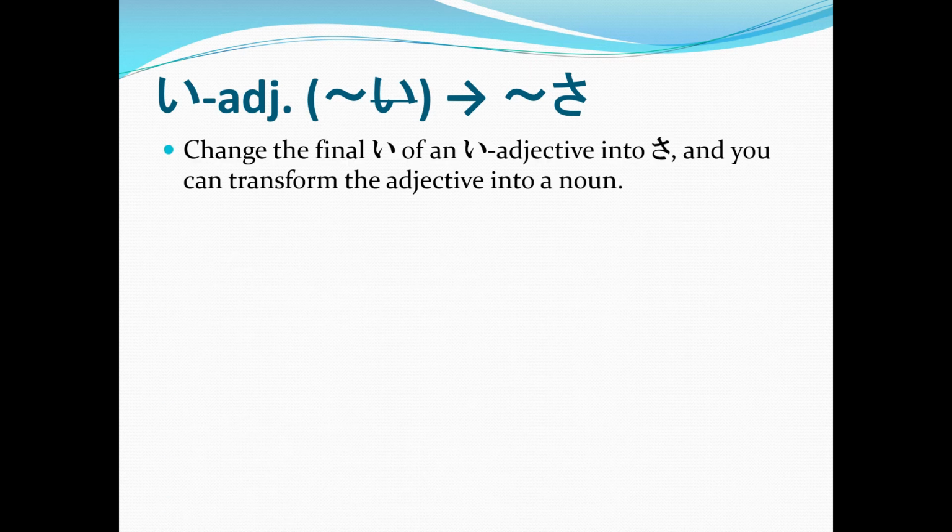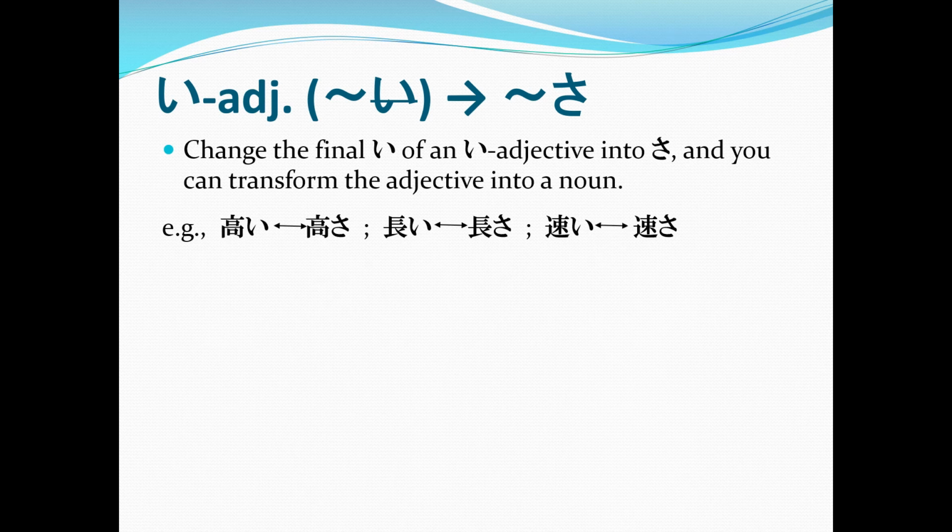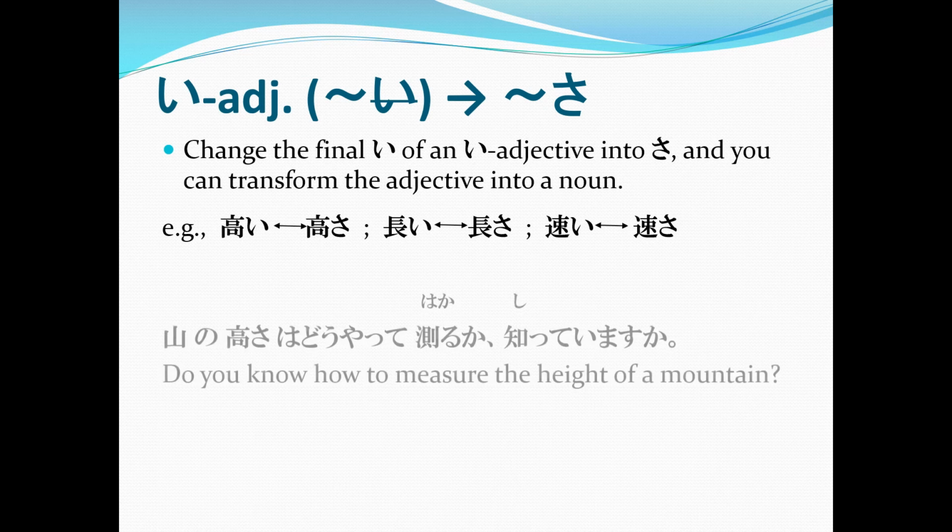Changing the final i of an i-adjective into sa transforms that adjective into a noun. Some examples that we have here are takai becomes takasa, nagai becomes nagasa, and tooi becomes toosa. So, what are these used for anyway?